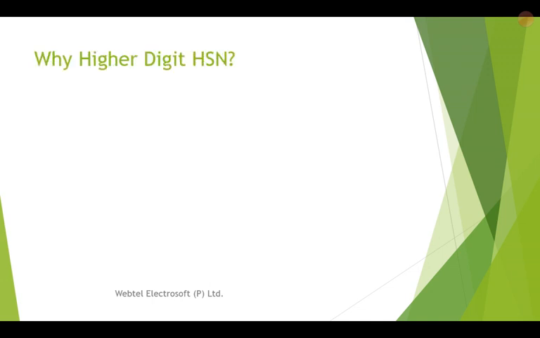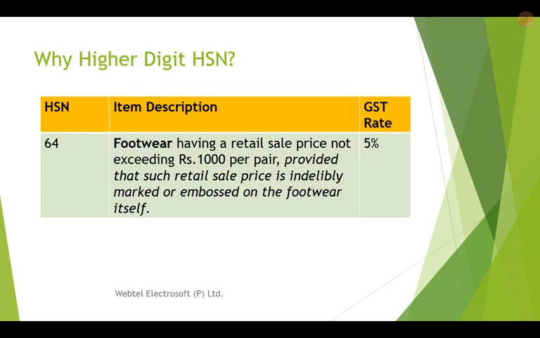Now, why 4-digit HSN or 6-digit HSN and not 2-digit? Let us try and understand that. When we have a 2-digit HSN, let's say in the case of footwear, which is having a retail price of up to 1,000 rupees per pair, and provided some other conditions, as you can see, the rate is 5%.